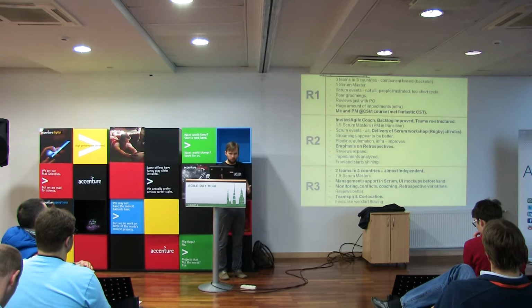I applied some coaching techniques I have learned, and we started to vary retrospectives. We did it in different ways and also in different places. Reviews became better because now we got more and more users coming in and started to see what we're actually building.